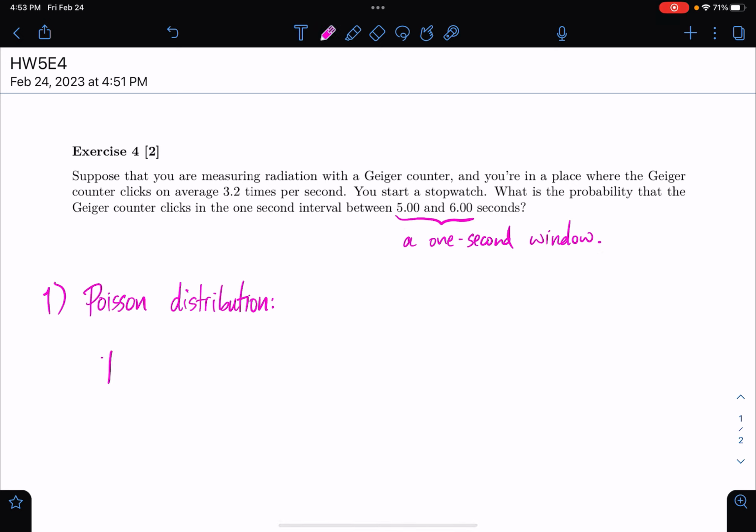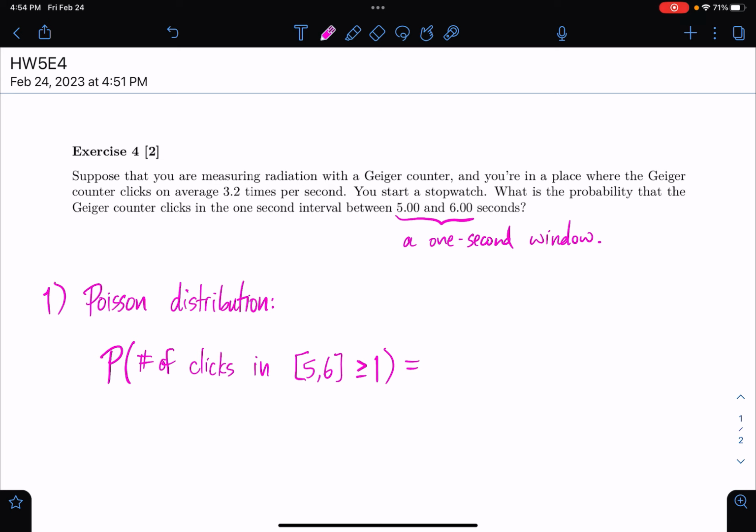So the probability that our number of clicks in that interval, 5 to 6, is greater than or equal to 1. Well, that's just the probability it clicks once or twice or 3 times or 4 times or 5 times or 1 trillion times in that interval, whatever amount of times.